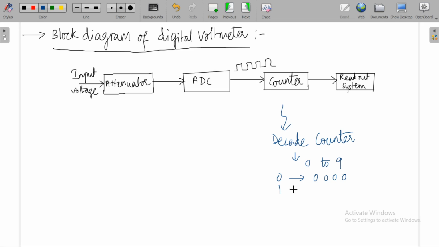If it is counting one pulse, it will produce 0001. If it is counting two pulses, it produces 0010. Likewise, if it counts 9 pulses, okay, this is 0 clock, 1 clock, 2 clock, 9 clock, then 1001. This is BCD code.